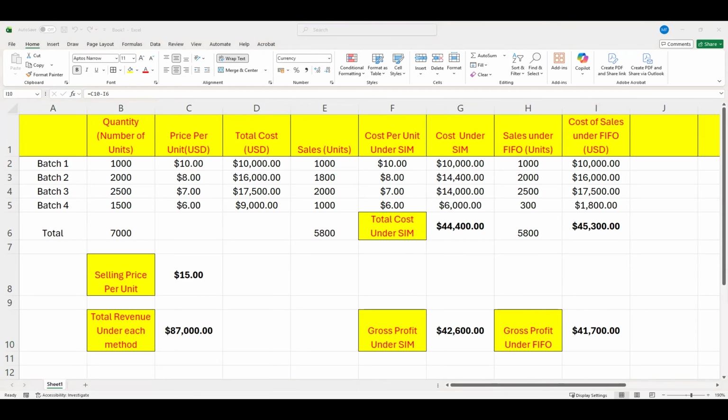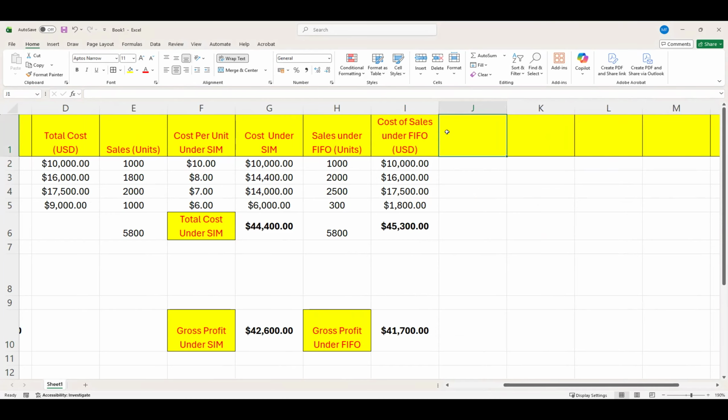Now let us come to LIFO. In fact, after FIFO, we can go for the weighted average method also. But weighted average we'll do towards the end so that we can see the numbers are in between. Leave it. Let's do LIFO.